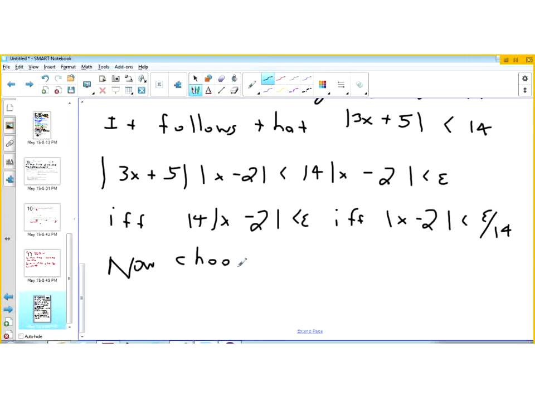So now choose delta equal to the min of 1 and epsilon over 14, as we did in the previous example.